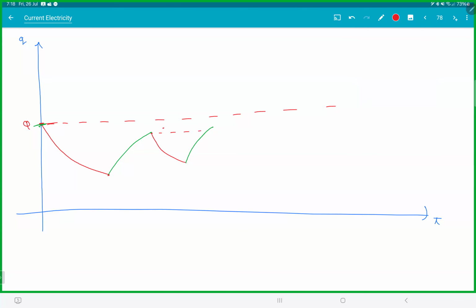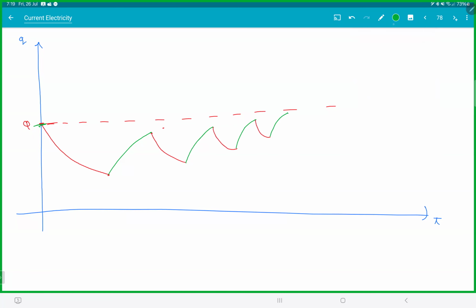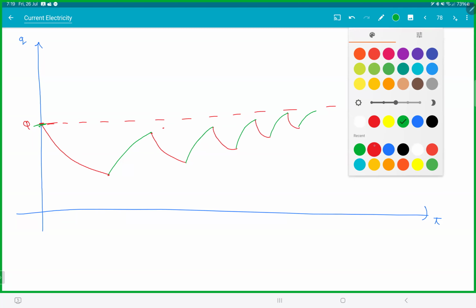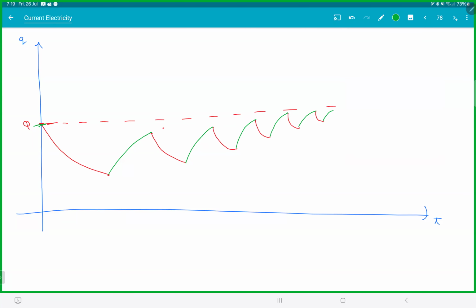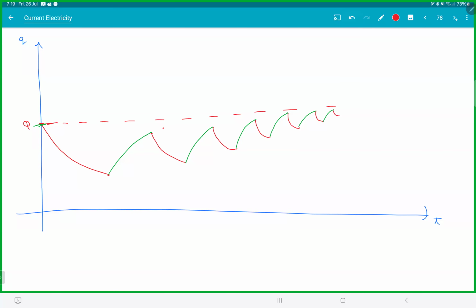But this will definitely be greater than the previous one. Again you'll discharge, but it is less. Again you will charge up, you will discharge. You're actually getting closer and closer to that Q value, but it will never reach it. The graph just keeps going higher.